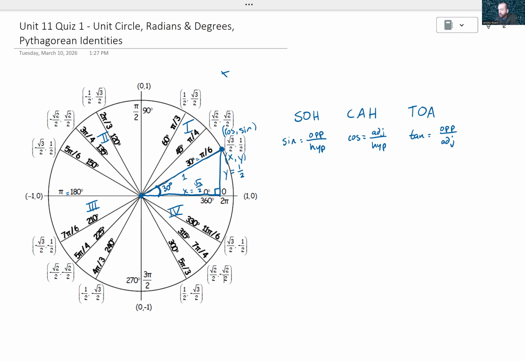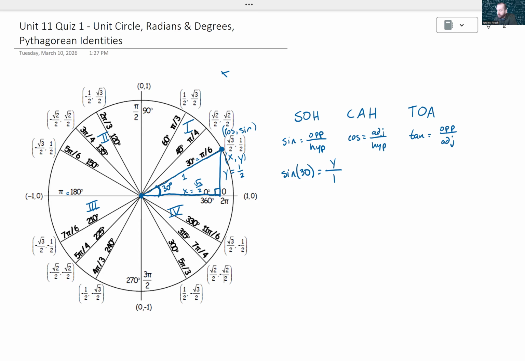So if we just say that that equals y, we would say sine 30 is equal to the side opposite of the angle, which is y, over the hypotenuse, and hypotenuse is 1. So this says sine 30 is equal to y.